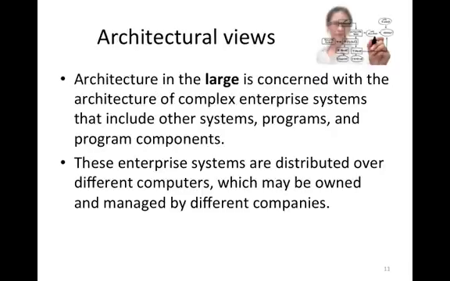But most architecture thinks about things in the large context of the enterprise, of how all the systems and programs are going to interact with each other, and how they are distributed, and how they are managed, and how they are owned. And this might seem daunting, but I promise by the time we are done, you will be able to do this. You will be able to draw an architectural view of your system.